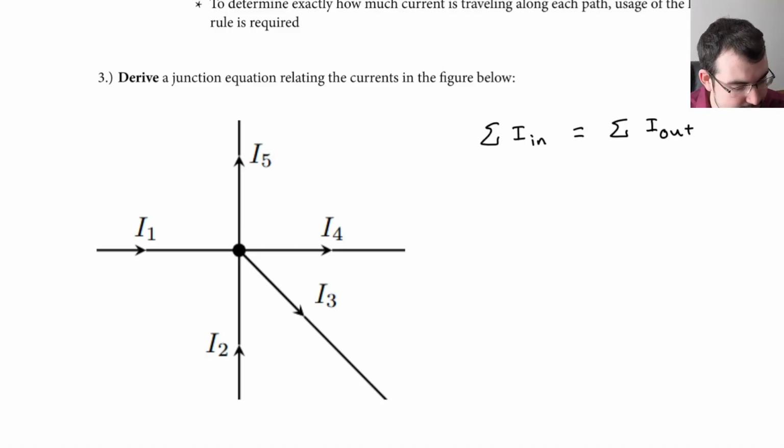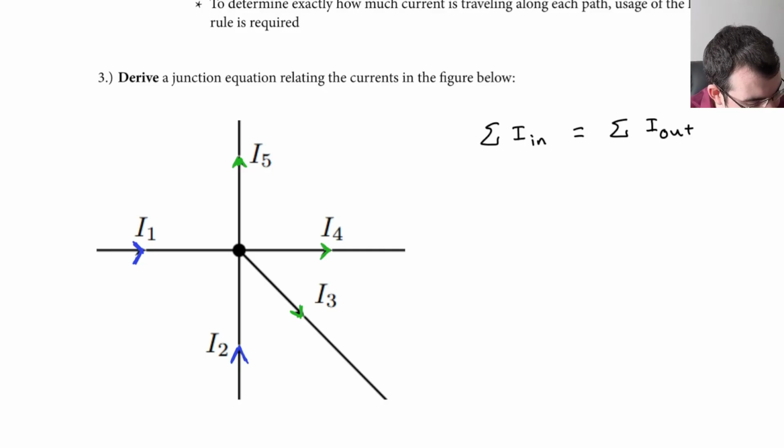I1 is heading into the junction. I2 is heading into the junction. And then it looks like the other three currents are heading out. I3, I4, and I5 are heading out, because we see that I1 and I2 point towards the junction, and I3, 4, and 5 point away.